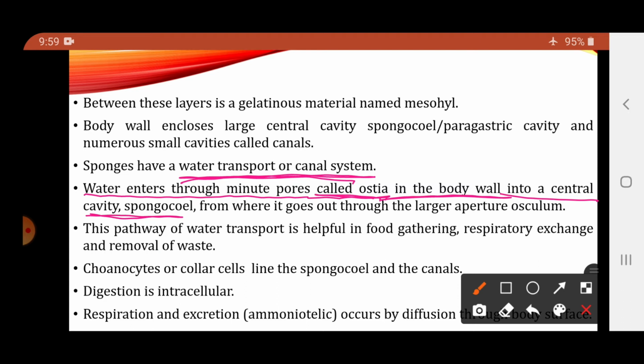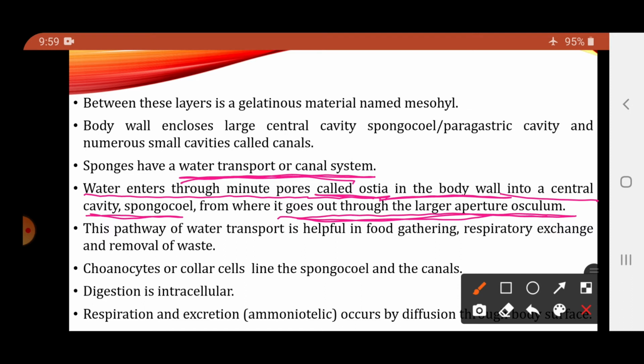What is that large cavity called? Spongocoel. So whatever water is entering through ostia goes into the spongocoel. From the spongocoel, the water has nutrients distributed, and now the water exits. How does the exit of the water take place? It goes out through the larger aperture called the osculum.